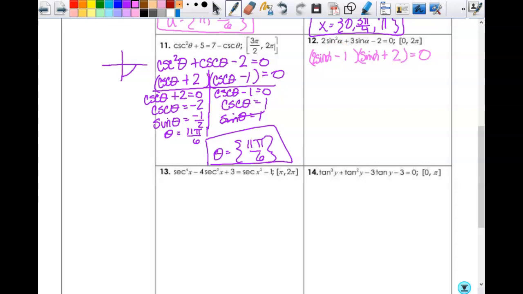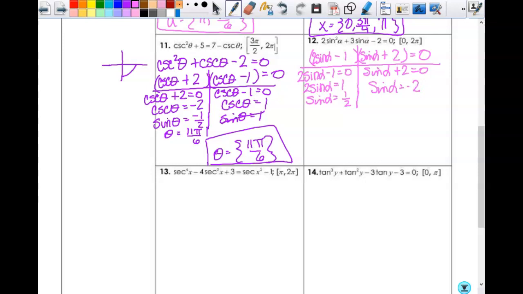Okay, that's what you should get: 2 sine alpha minus 1 times sine alpha plus 2. Then 2 sine alpha minus 1 equals 0, and sine alpha plus 2 equals 0. So 2 sine alpha equals 1, sine alpha equals 1/2, and sine alpha equals negative 2.